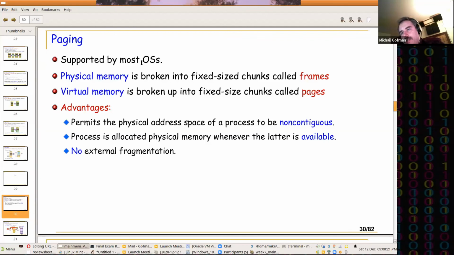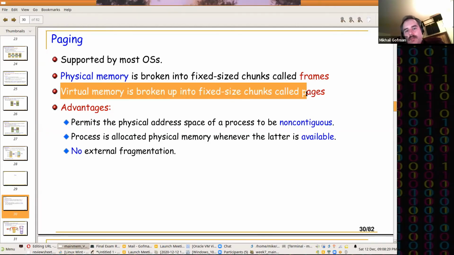In paging, the physical memory is broken into fixed size chunks called frames, and the virtual memory is broken up into fixed size chunks known as pages. Typically the size of the page and the size of the frame are identical.